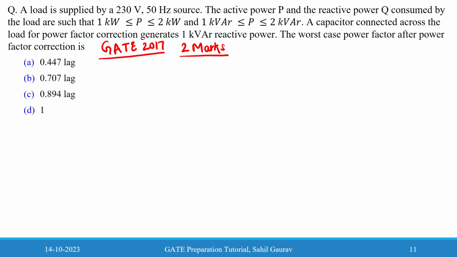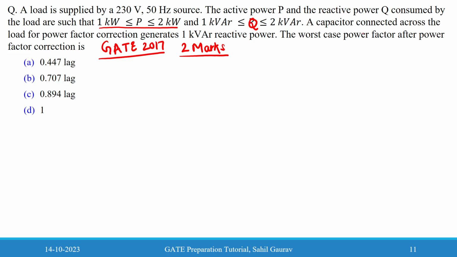So the problem is that a load is supplied by a 230 volt 50 hertz source. The active power P and the reactive power Q consumed by the load are such that active power is more than 1 kilowatt and less than 2 kilowatt. Sorry, here will be Q. And for the reactive power, the limit is between 1 kVAR to 2 kVAR.